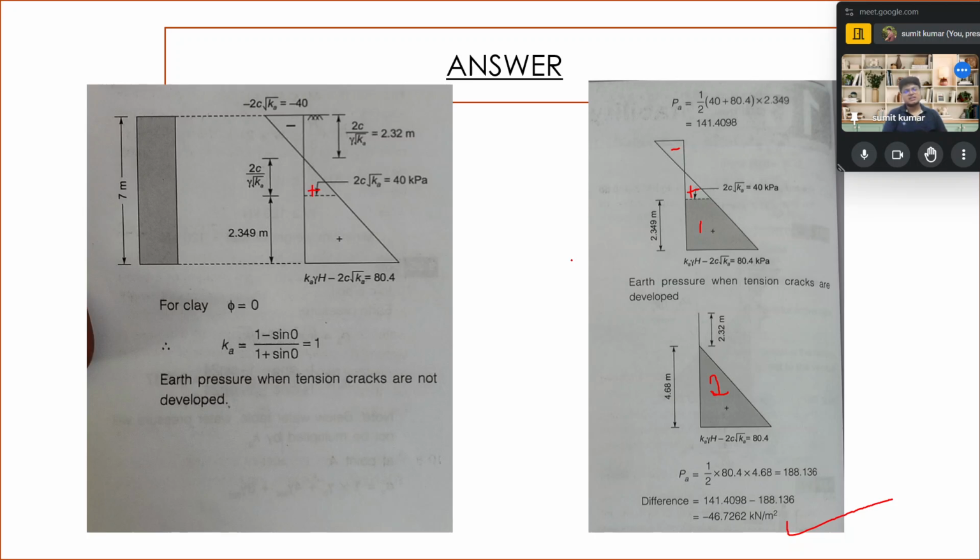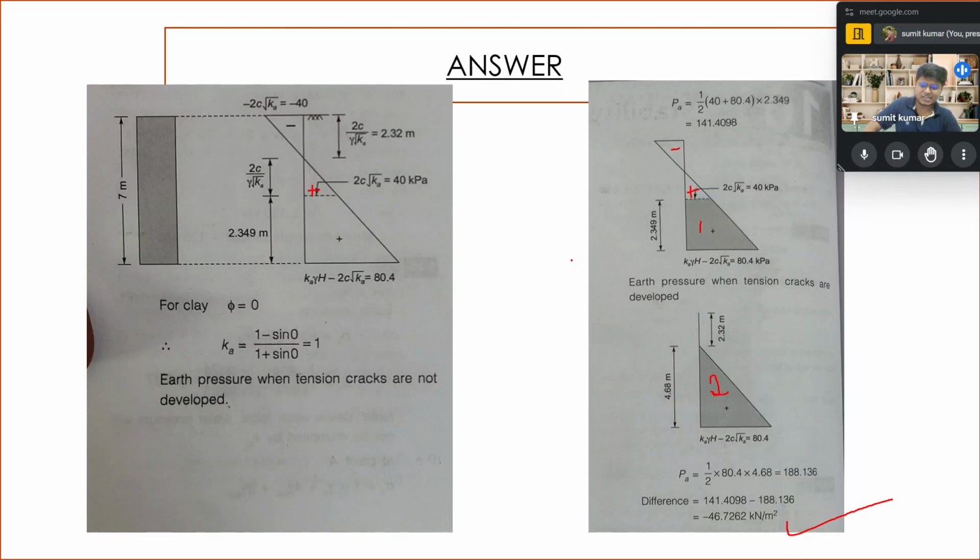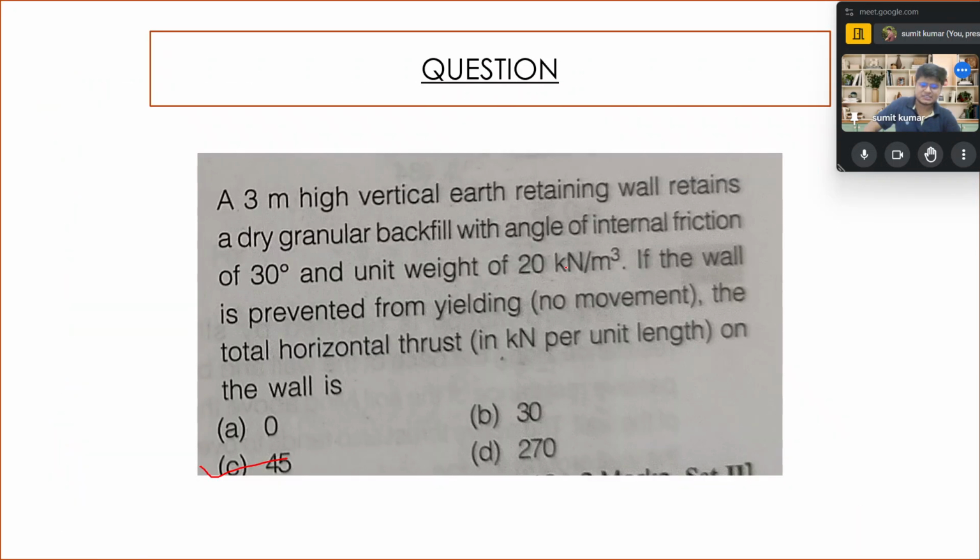When the tension crack gets developed, the top 2c by gamma root K gets eliminated, and we draw the earth pressure diagram from the depth 2c by gamma root K, and that much graph is required with us. This is the problem asked in the GATE examination only.